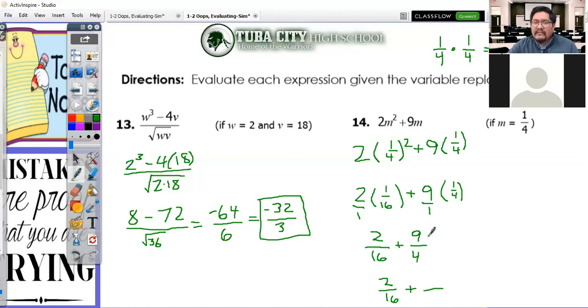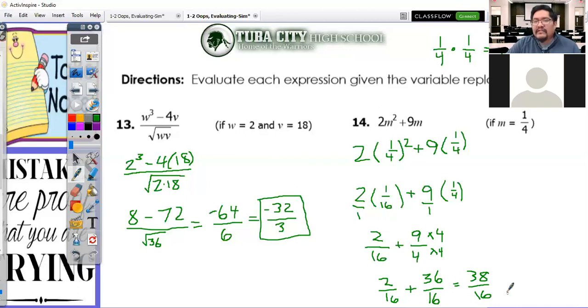So I need to times the bottom number by 4, because 4 times 4 is how you get 16. So 16 here, and then 9 times 4 is 36. And again, 36/16 and 9/4 are the same thing. They just look different. And in this case, I get 38/16. When you add or subtract, the bottom number of a fraction does not change.